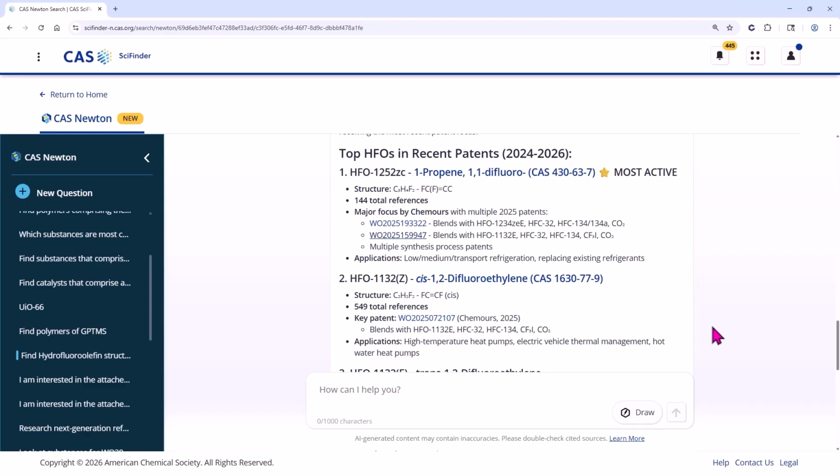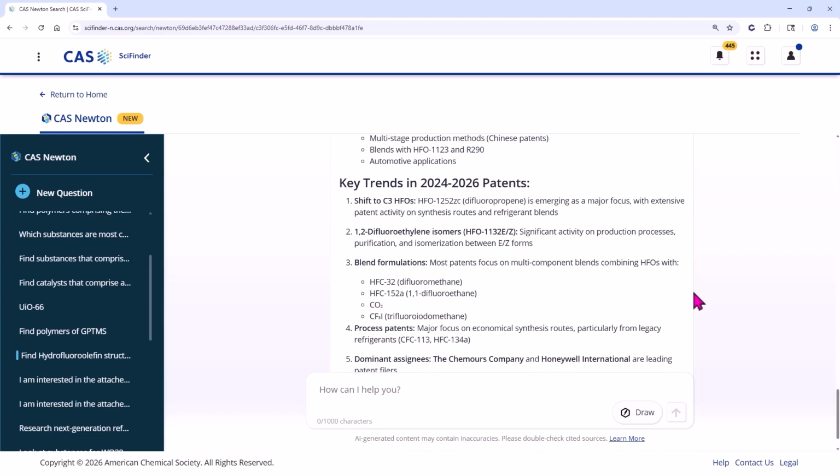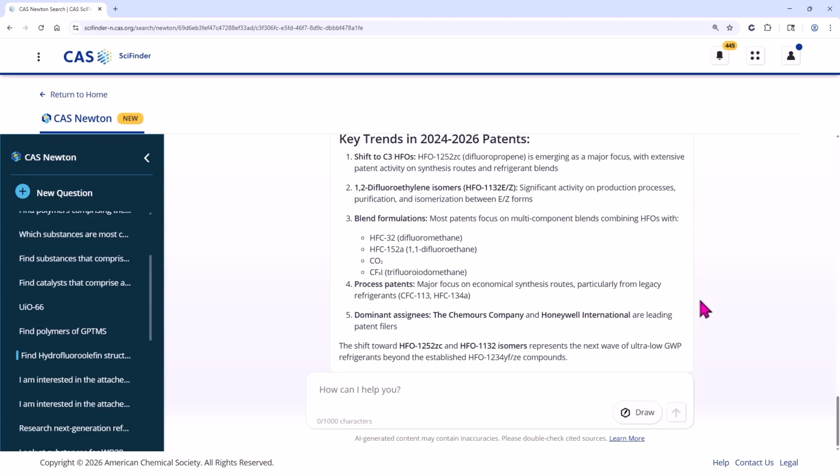But also remember, there's human in the loop at the back end when we build the databases supporting SciFinder and Newton. So that leads to these high quality responses and very detailed insights that you get from global patent literature, which you wouldn't otherwise find very well through generic LLMs.